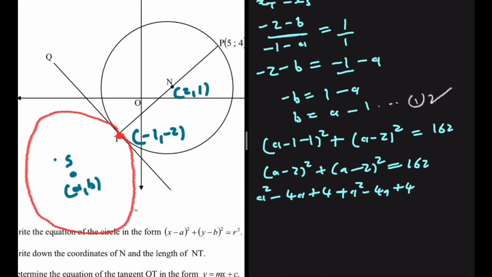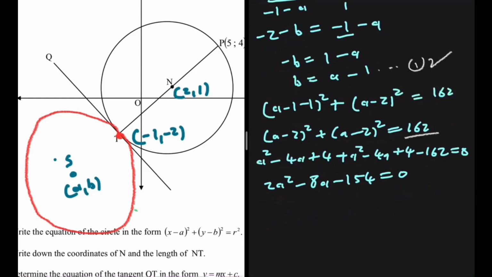If we take 162 to the left hand side, we're going to get minus 162 is equals to 0. So we're going to get 2a squared minus 8a minus 154 is equals to 0. We can take 2 as a common factor and get a squared minus 4a minus 77 is equals to 0.